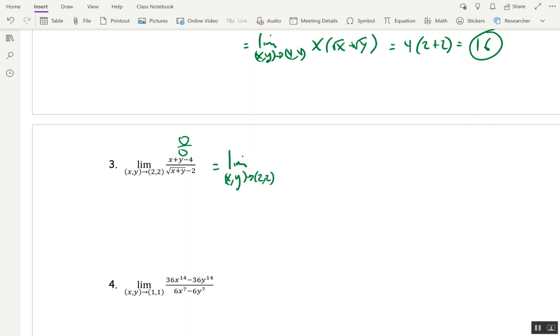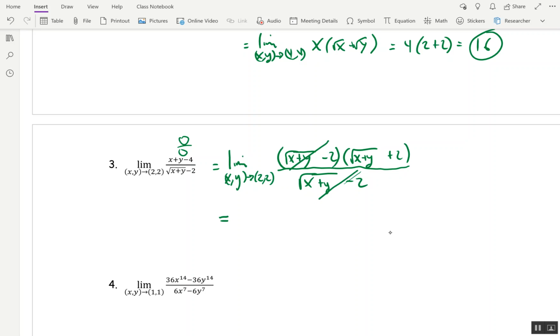Okay, so let's factor the top as root x plus y minus 2 times root x plus y plus 2 over root x plus root y minus 2. All right, so now these are common factors, so kill, and then the only thing that's left is the limit of this guy right here.